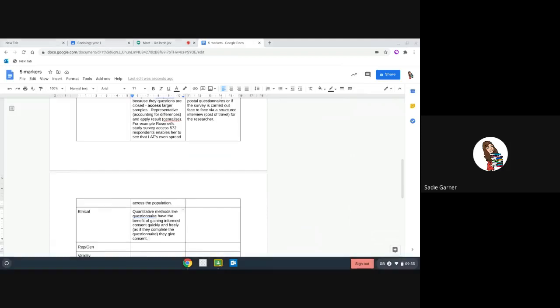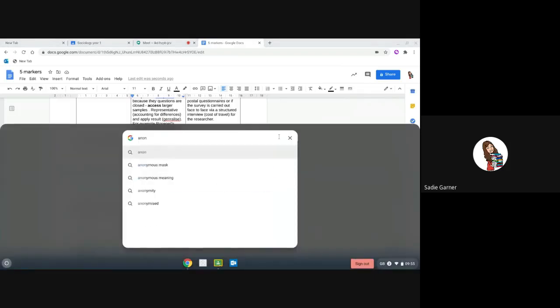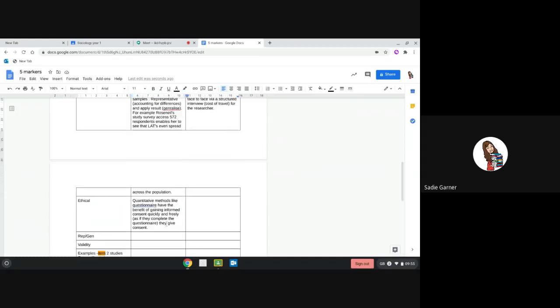They're also largely anonymous, or free from names, and confidential, which is the respondent's details.